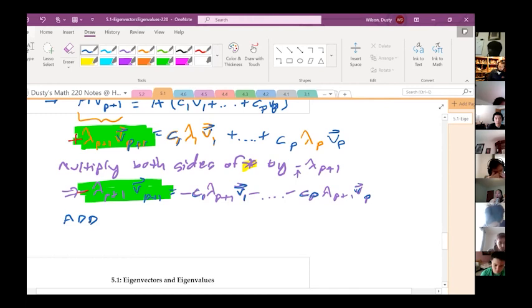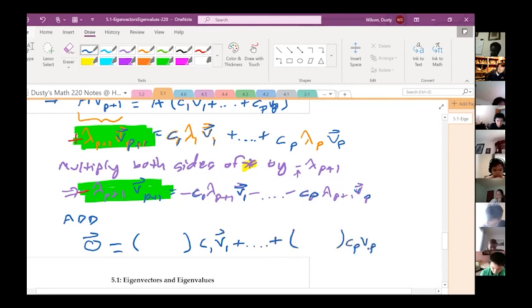So positive lambda_{p+1} v_{p+1} minus lambda_{p+1} v_{p+1} is 0. And then we can combine all of our v1's all the way to vp's. So I have something times c1 v1 plus ... plus something times cp vp.